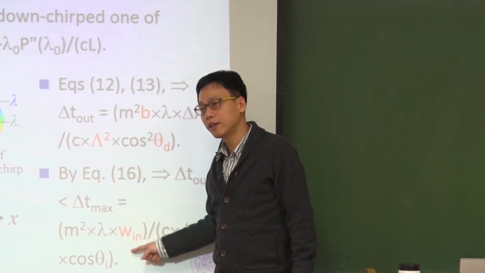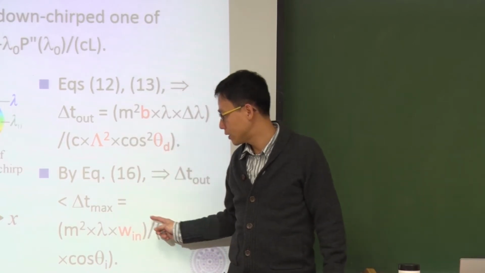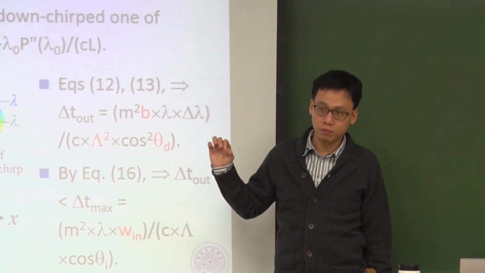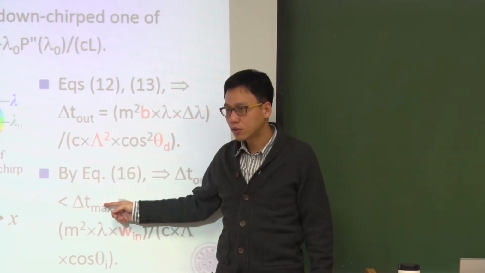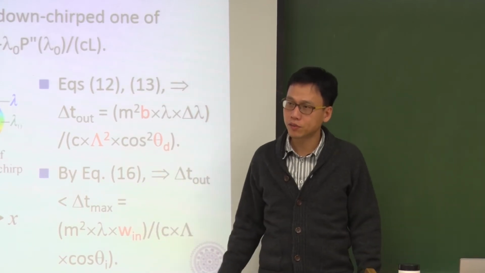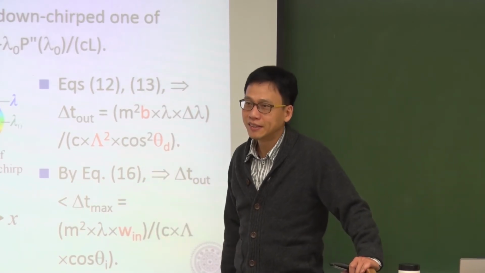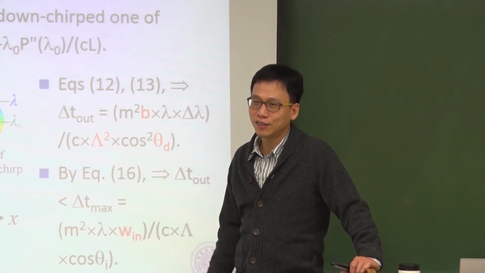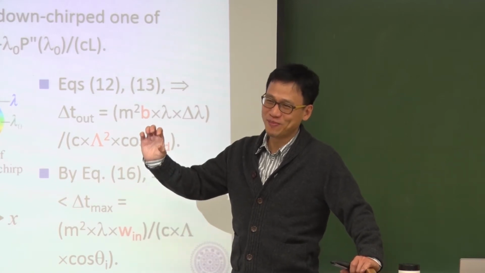And this is finite, right? Your beam size is finite. It simply states the bigger the Gaussian beam you use, you can create a longer pulse by a grating pair. But you cannot infinitely increase your beam size.